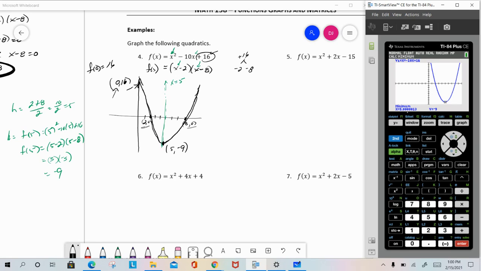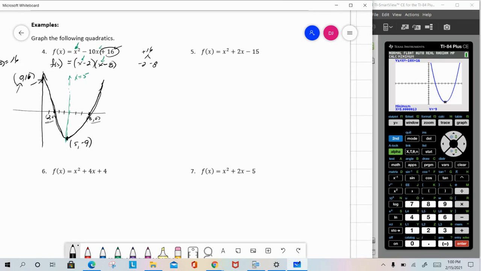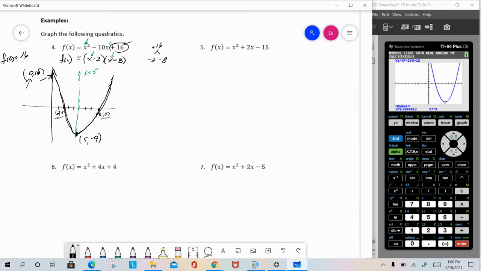That x value is 5. So you've got to be careful with that. And sometimes it might actually take more knowledge and understanding of the graphing calculator to graph the quadratics than just to do it algebraically. Okay, so let's move on to number 5.